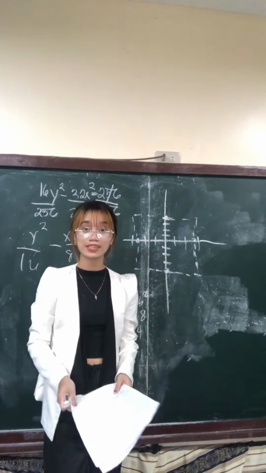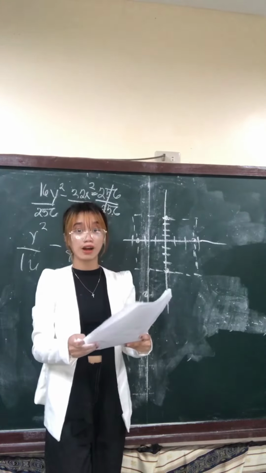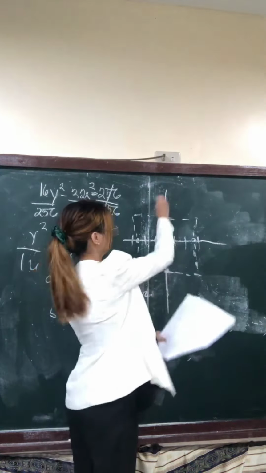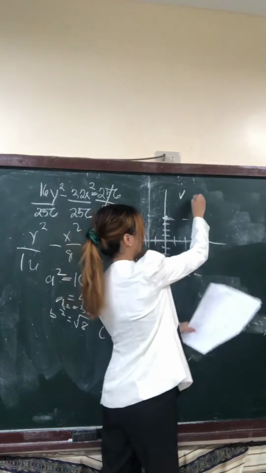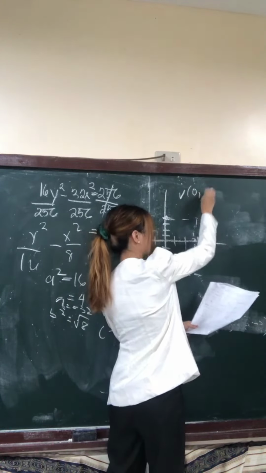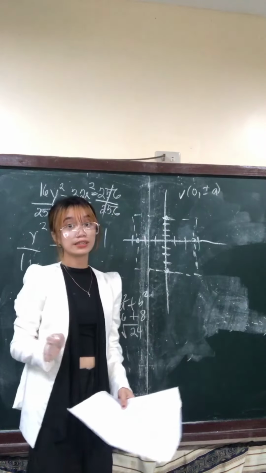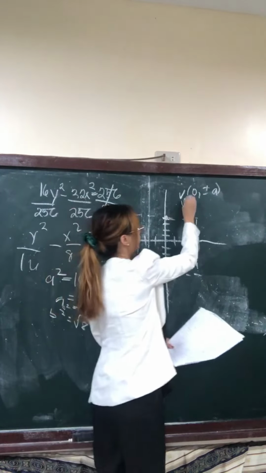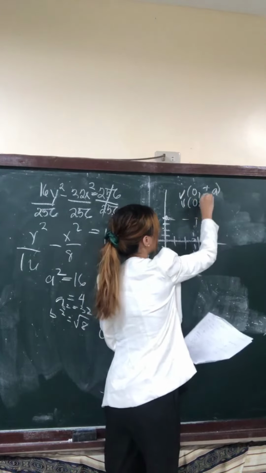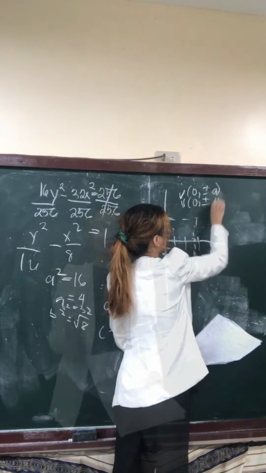For the coordinates of the vertices, we have 0, positive and negative a. Since our a is equal to 4, we have the vertices 0, positive and negative 4.